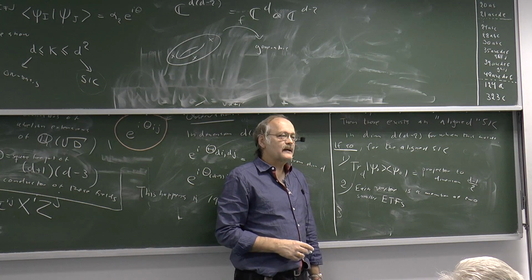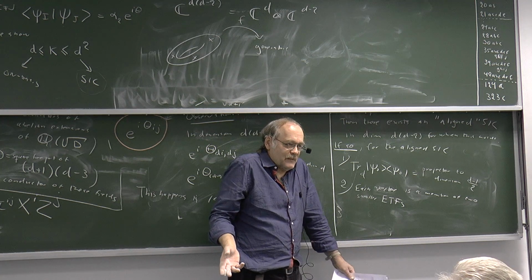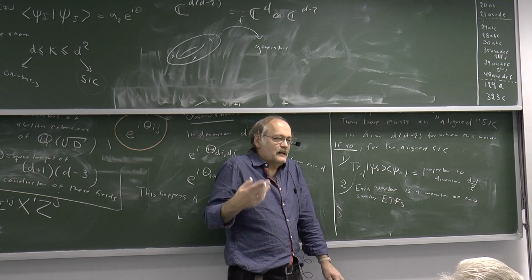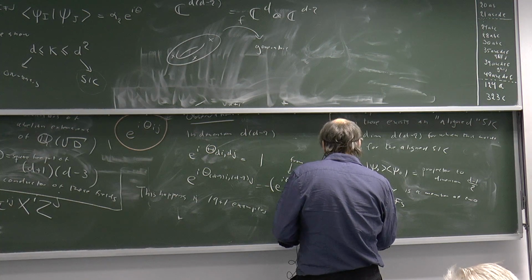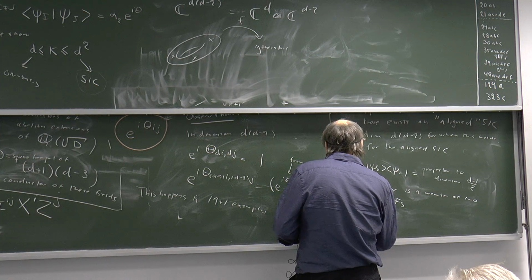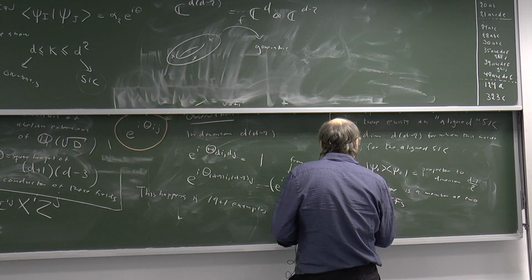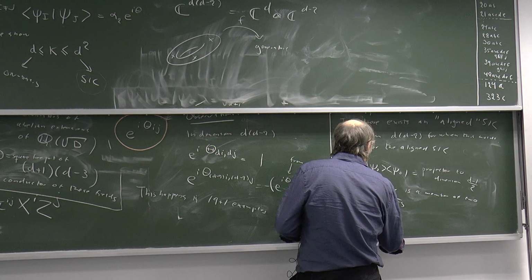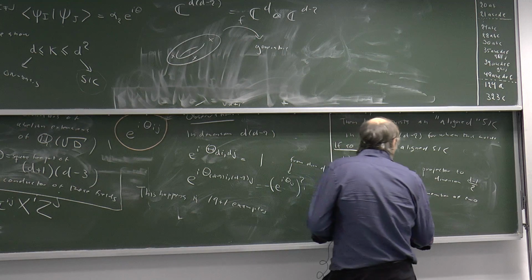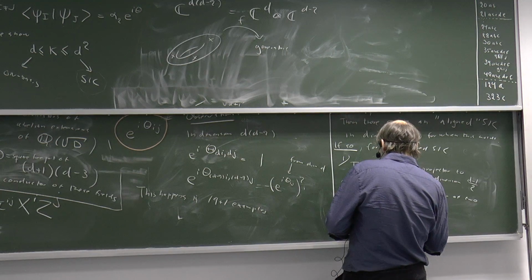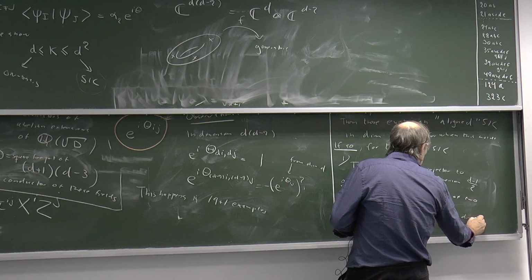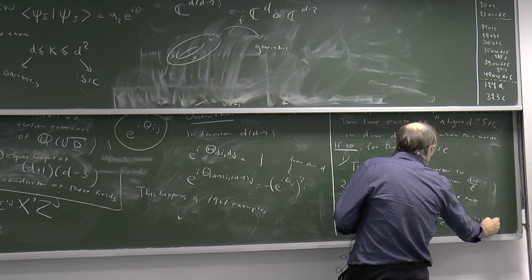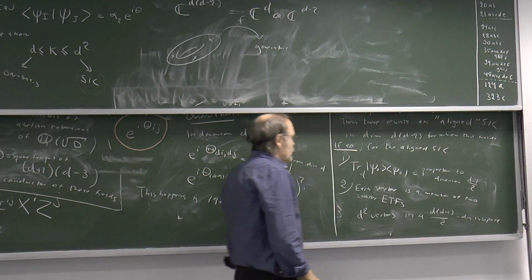That means I have d squared times d minus 2 squared vectors to play with. From these d squared times d minus 2 squared vectors, I can select d squared vectors. And they will sit in a d times d minus 2 over 2 dimensional subspace.